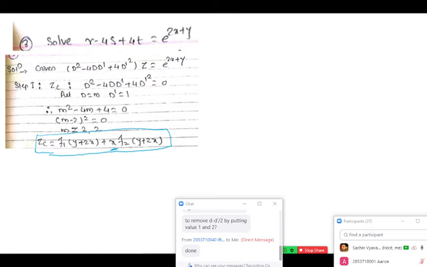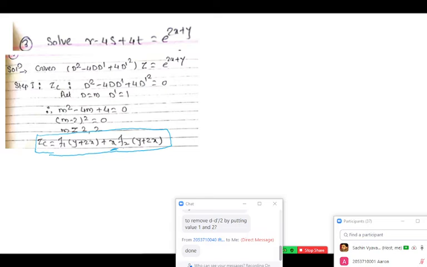Now, what does the shortcut method say for the exponential term e raised to 2x plus y? We have to compute the PI here. What should be the replacement?